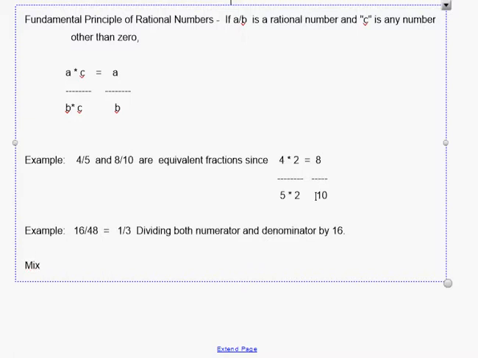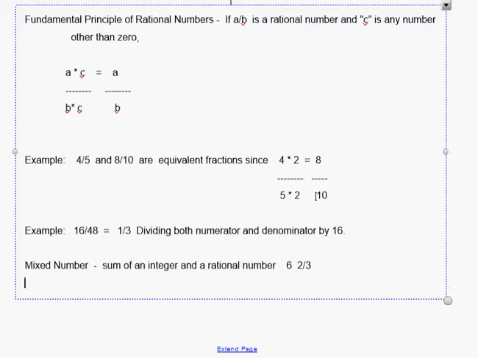Mixed number. A mixed number is the sum of an integer and a rational number. So, for example, if we have 6 and 2/3, that's a mixed number, whereas an improper fraction is where the numerator is greater than the denominator.